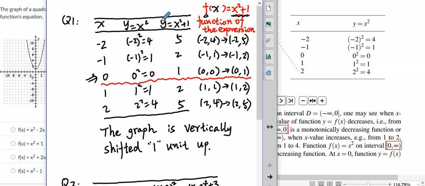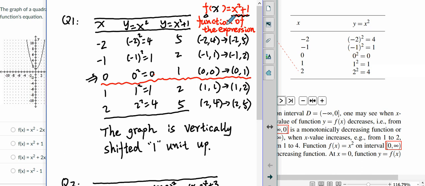We have 2 different expressions on the left. One is y equals x squared plus 1. And what's the meaning for the function of the expression? Now, this f of x is not really f times x.